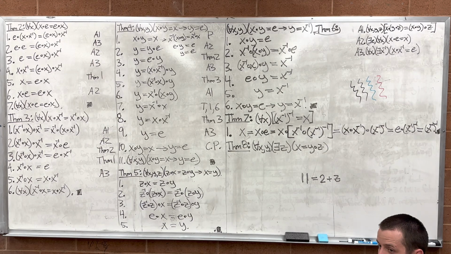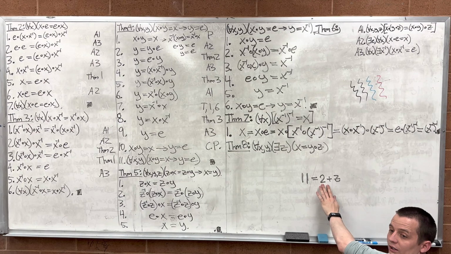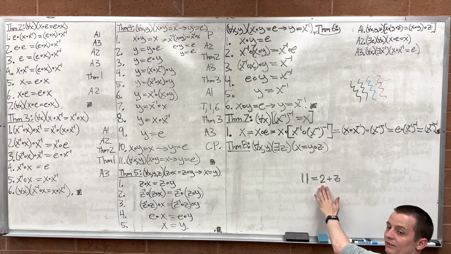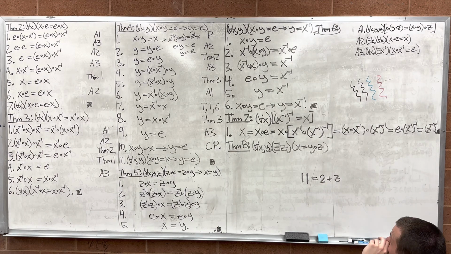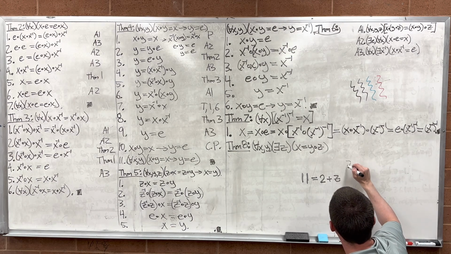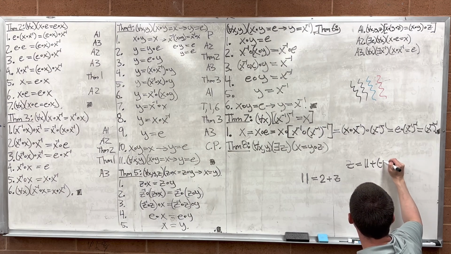How did you get 9? 11 subtract 2, or another way to think about that is 11 plus 2's additive inverse. So you said the z that was going to work was 11 plus negative 2.